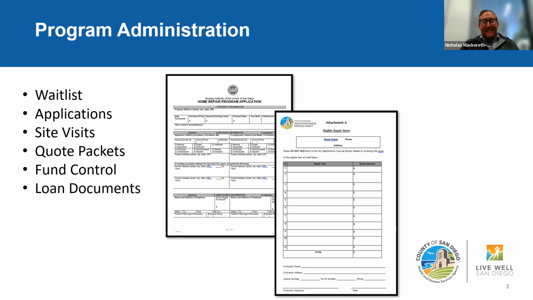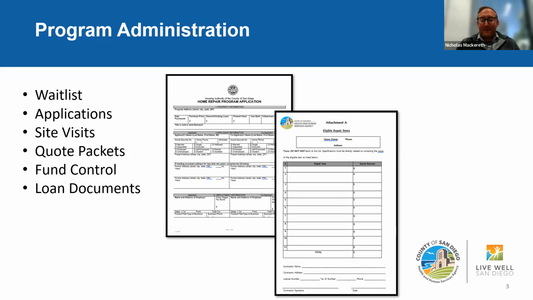After the site visit is when the county conducts our environmental reviews on every property. Once environmental reviews are concluded and the property is deemed qualified, the county sends out quote packets to approved homeowners. The homeowner is responsible to obtain at least 3 quotes, using provided county forms, from at least 3 licensed contractors of their choosing.